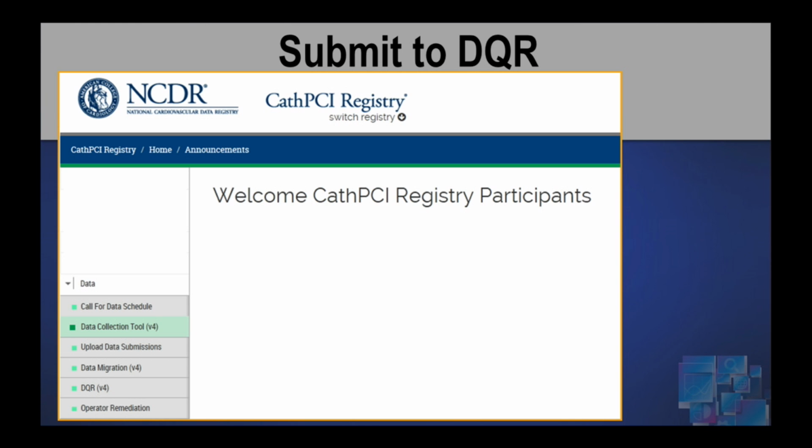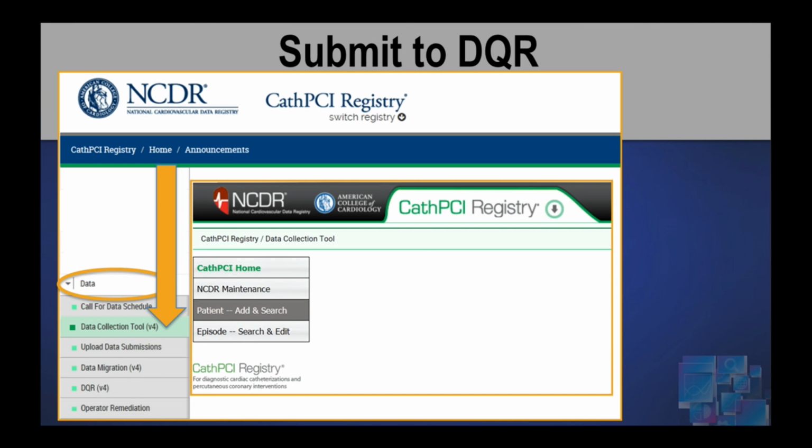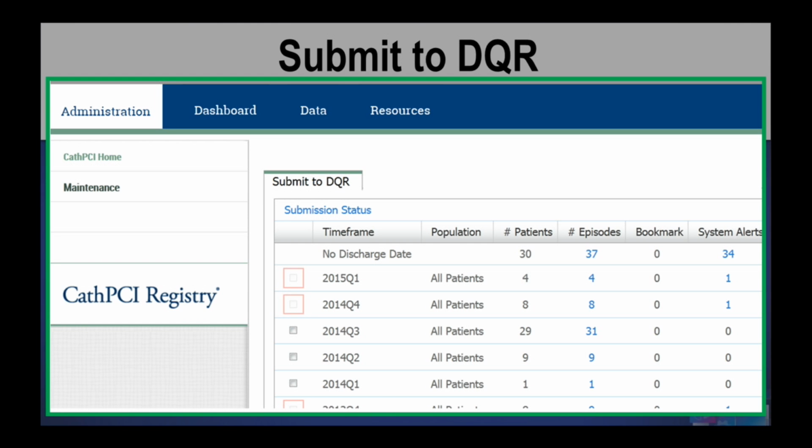If you're using the ACC Online Data Collection tool for your data submission, remember to click Data at the left navigation bar. Then click Data Collection Tool at the left navigation bar. And click NCDR Maintenance at the top left navigation of the Data Collection tool, and that will open up Submit to DQR.